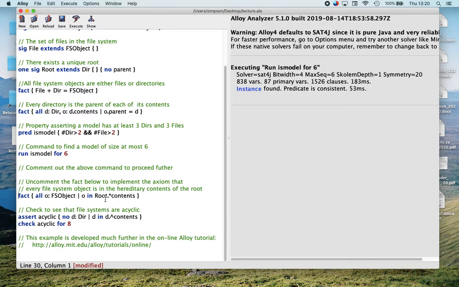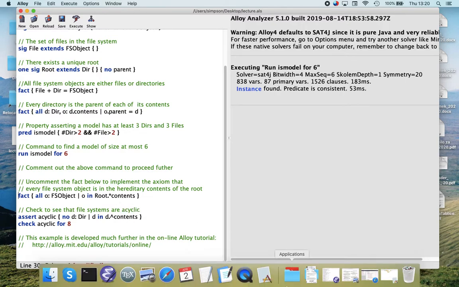So the root itself will be there because you don't need to follow the contents relation at all, but every element of the file system should be obtained by applying the contents relation to the root some finite number of times, possibly 0, but at least a finite number of times.